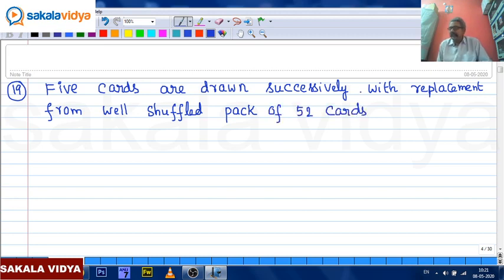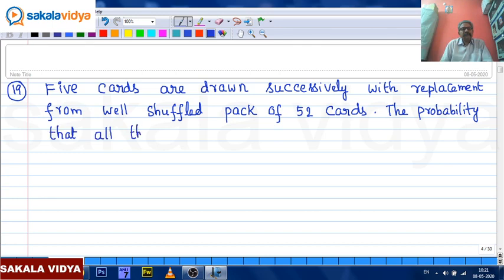A deck of cards contains 52 cards. The probability that all 5 cards are spades.